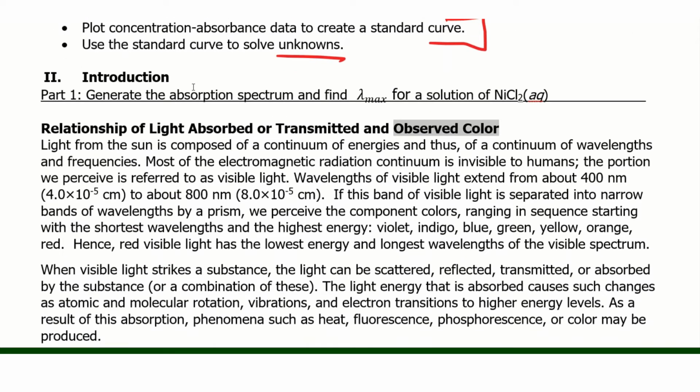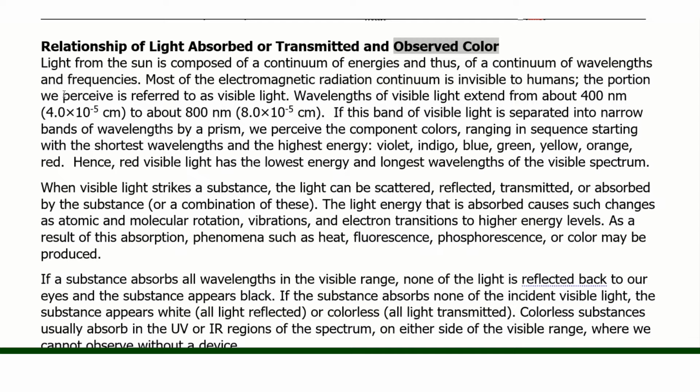So this lab is split into two parts, as I typically apportion labs. Part 1, generate your absorption spectrum. Here in the intro, we discussed the relationship of light absorbed or transmitted. Those are two different things.